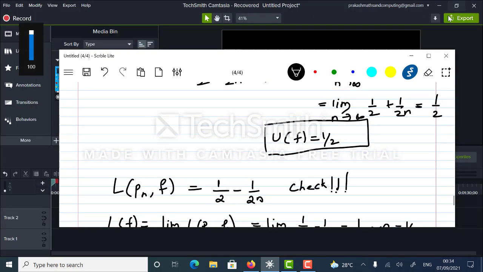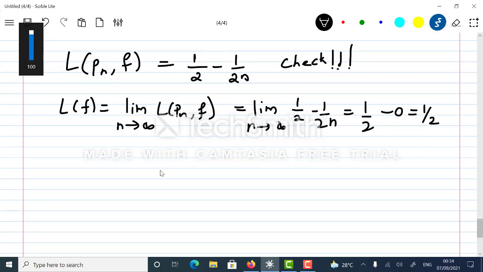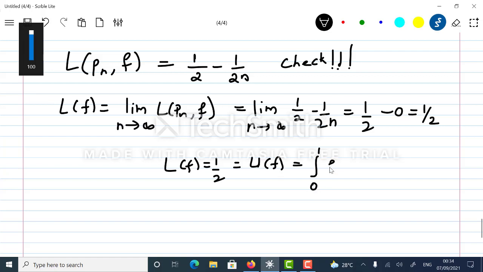So UF and LF turn out to be equal, hence it is R integrable. So LF is half, which is UF, which is equal to integral 0 to 1 f of x dx. So that is 1 minus x. So hence f is R integrable. Is proved.